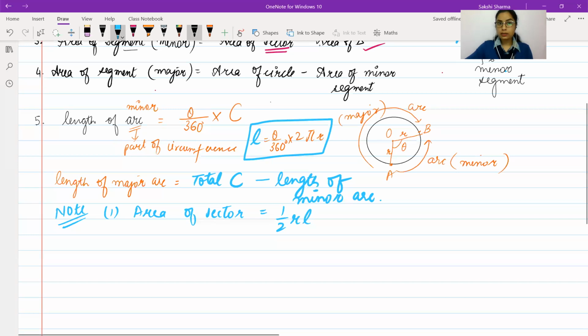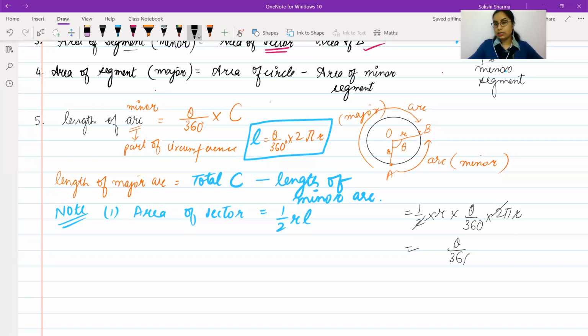You can check by using the value of L we have above, whether that gives you the area of the sector. So theta by 360 degrees multiplied by 2 pi r, 2 and 2 get cancelled, so this is theta by 360 into pi r square. This is the area of the sector which we have written at the first point.